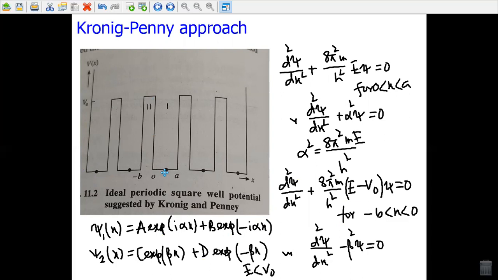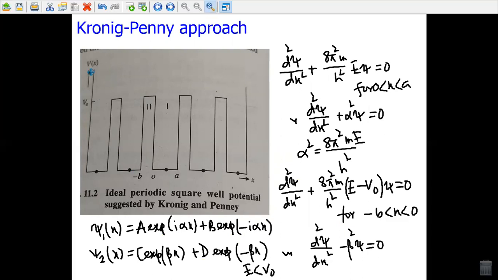They further assume that as the height of the potential barrier V0 tends to infinity and the width of the barrier b approaches 0, it is in such a way that the potential V0 times b remains constant. V0 is the height of the potential barrier and b is the width of the barrier, such that V0 b remains finite.